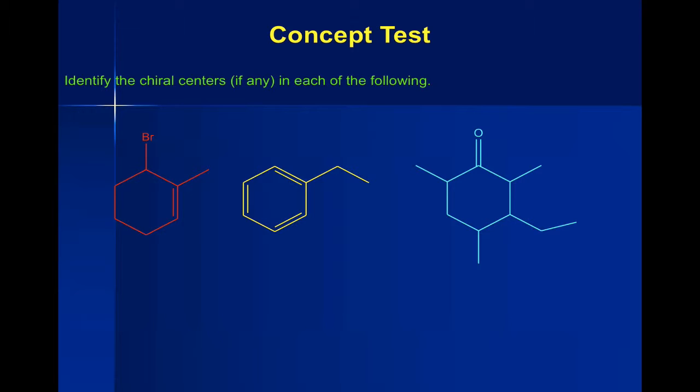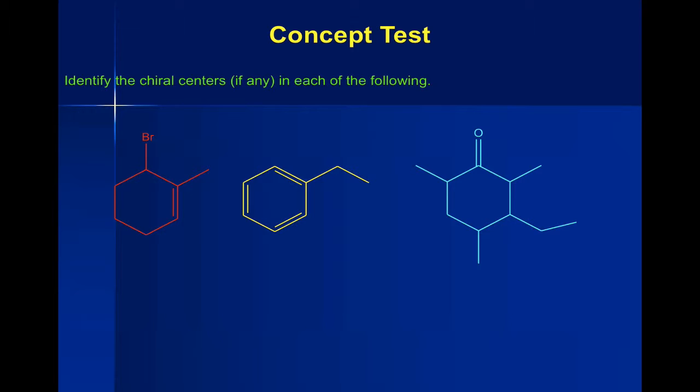Which one do you think it is? The one to the right. This one? Yeah. Okay, so let's see. Is that a chiral center? We've got a methyl group. We've got a hydrogen. We've got this group. And we've got this carbonyl carbon, right? That's four different things. So that is definitely a chiral center. How about this carbon right here?